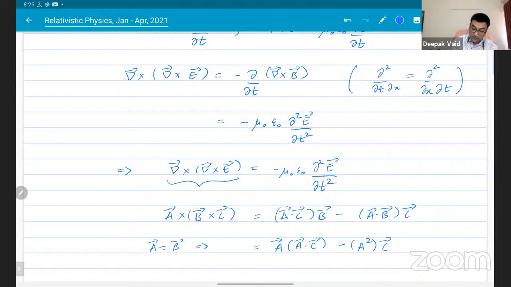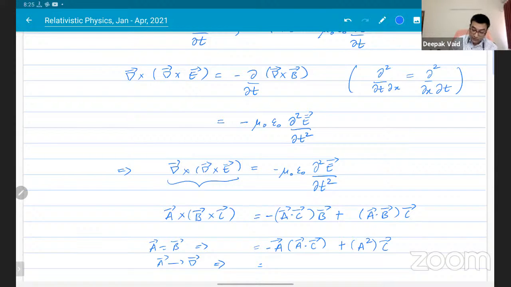So now, if we substitute the gradient operator instead of this vector field A, what does it become? I think this should be minus plus. Again, you can double check that.